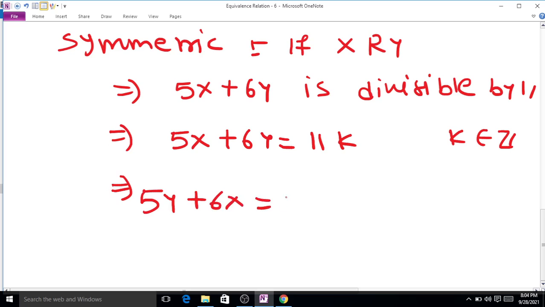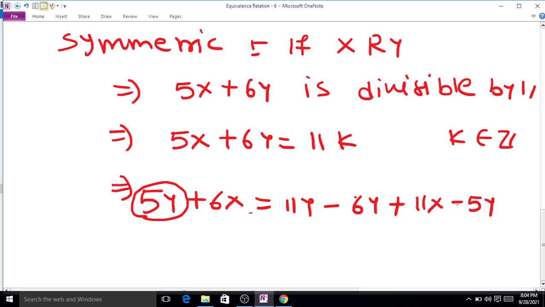is equal to, now we can write 5y as 11y minus 6y, and 6x as 11x minus 5x. So 11y minus 6y is equal to 5y, and 11x minus 5x is equal to 6x.